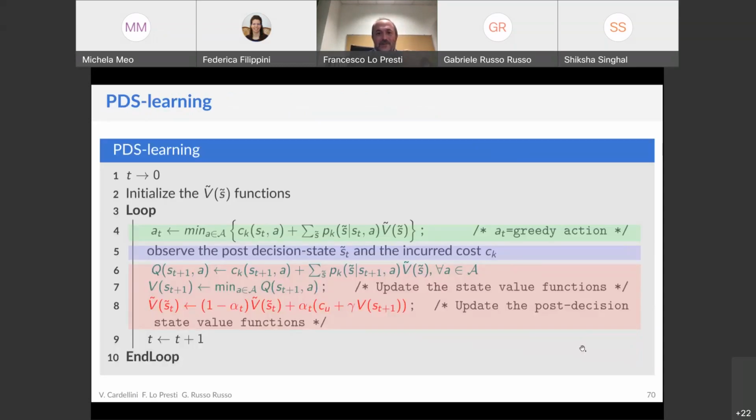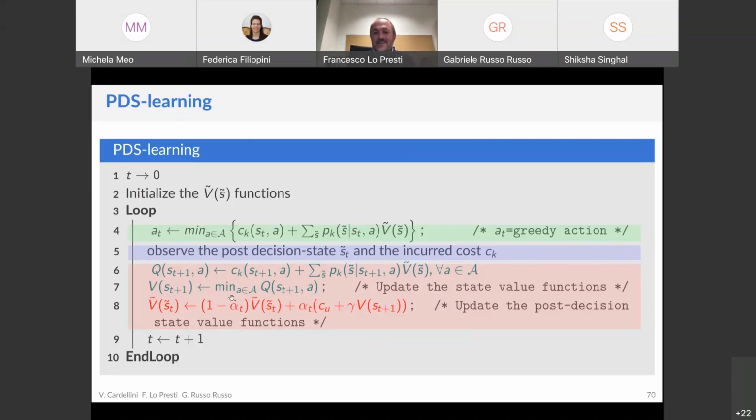If I put them together, I get what is called PDS learning, which basically is taking the greedy action according to the known dynamics of the system, observing the post-decision state, and then updating the Q function of the state according to a value iteration-like equation, and updating the post-decision value function according to a Q-learning type of equation.